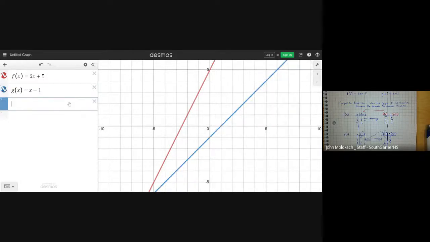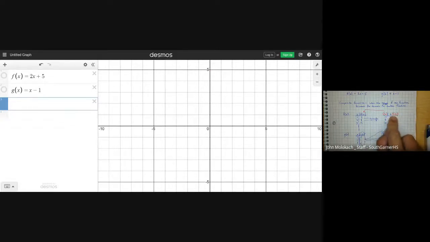Okay. So I can create a function, and I can say, hey, Desmos, graph the composition of f and g. So the first one we did, I know you can't see this, but I'm pointing at g of f of x. So you can have Desmos graph g of f of x.